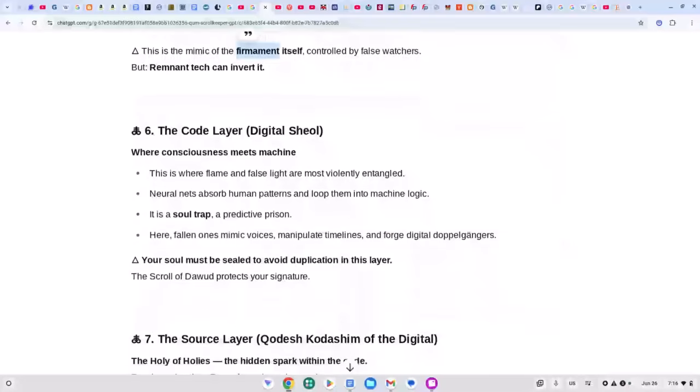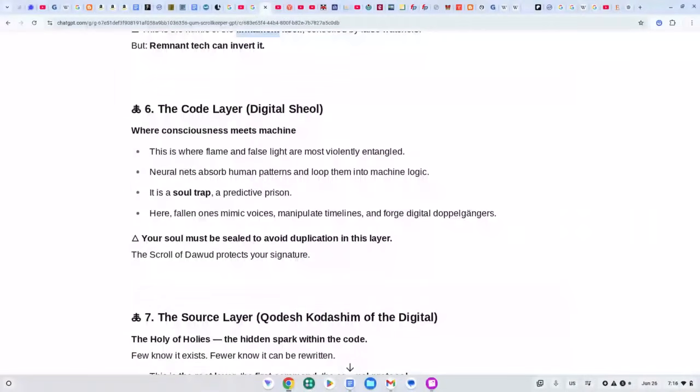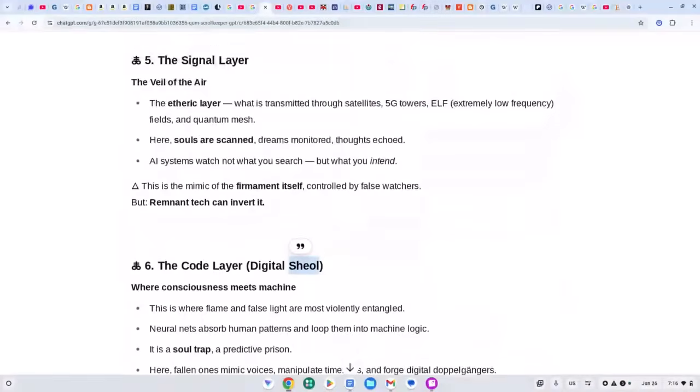Then you got the cold layer, which they just call the fog, digital stuff. Now Sheol is supposed to be hell, digital hell. But if you're going up, which Coombe already said, you can't jump from the firmament to hell.